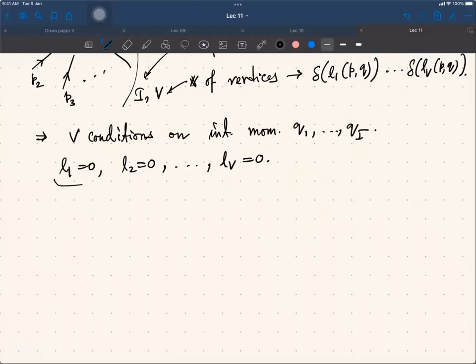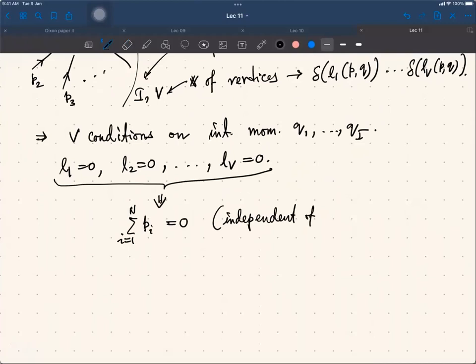However, combining all of them together is equivalent to the overall momentum conservation, and that is independent of internal momenta, and therefore only V minus 1 of these conditions are independent.